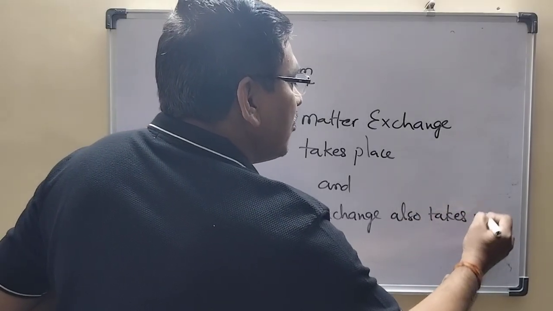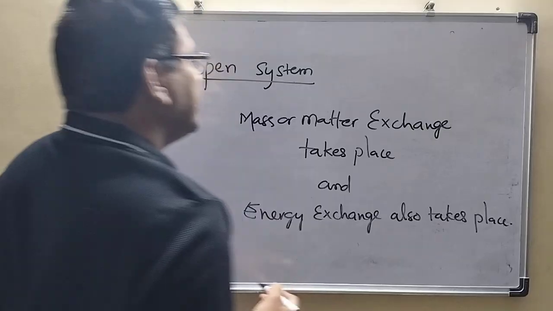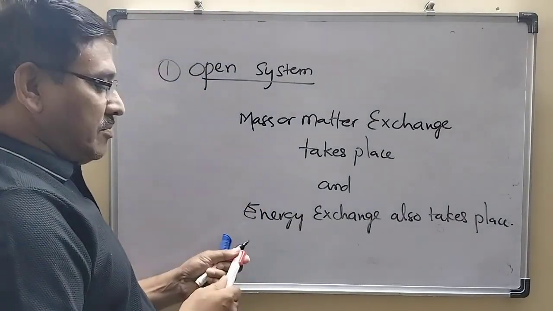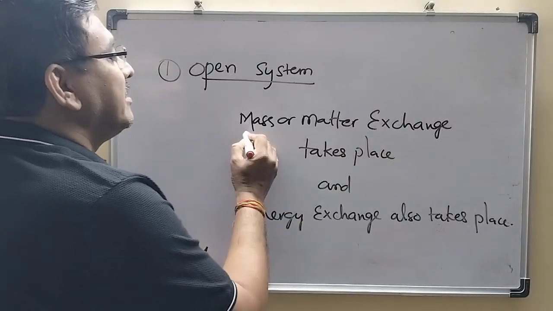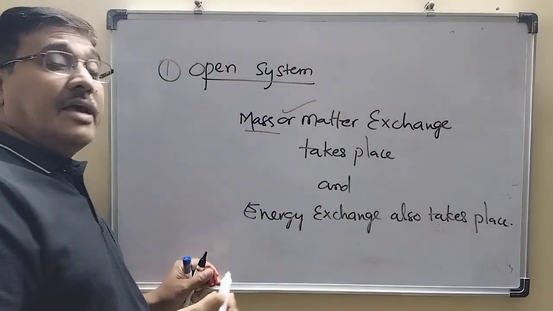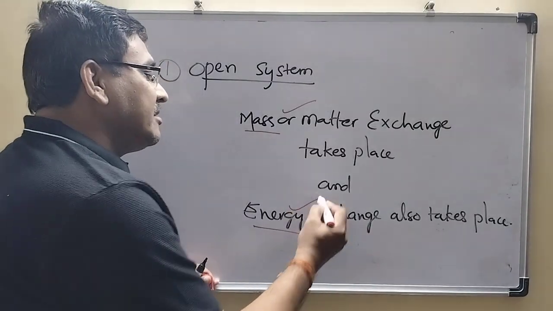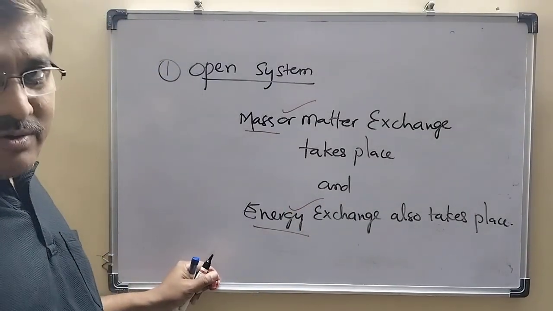Both mass and energy. First one is the mass or the matter, that transfer of the matter or the exchange of the matter takes place. The second is transfer or exchange of the energy also takes place.